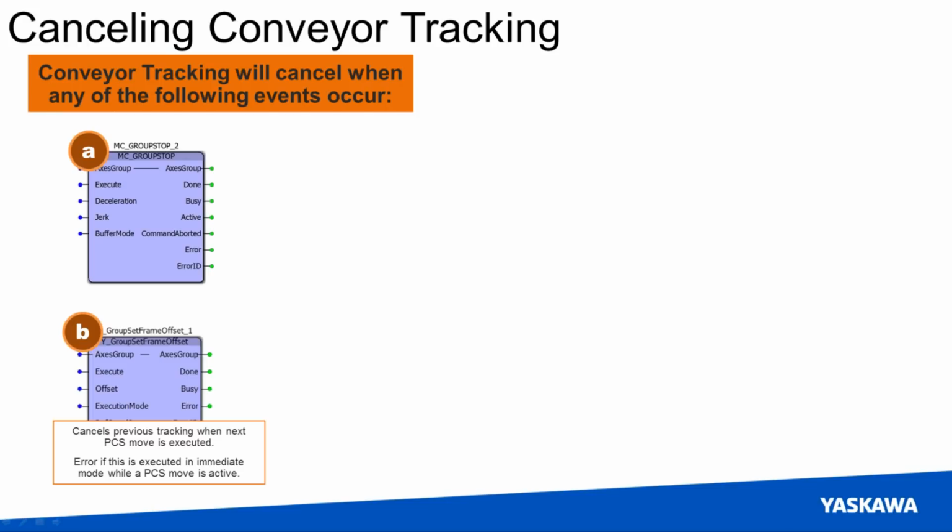If I define a new part coordinate system manually, then conveyor tracking will be canceled as soon as I make a move in that newly defined part coordinate system. If a PCS move is currently active and I try to do this, then the Y group set frame offset function block will give an error. I cannot do it while a PCS move is active.